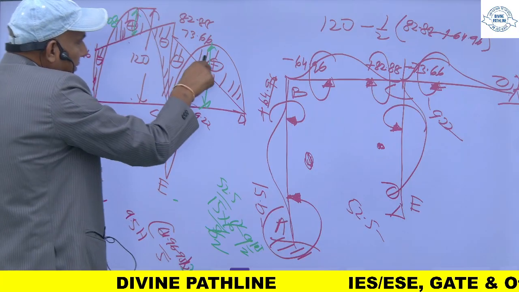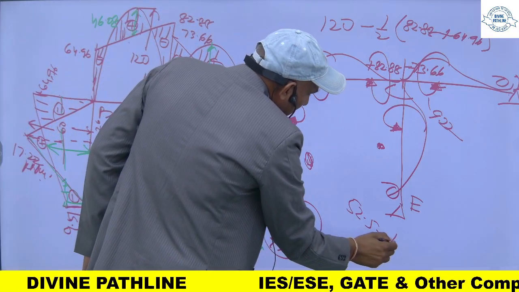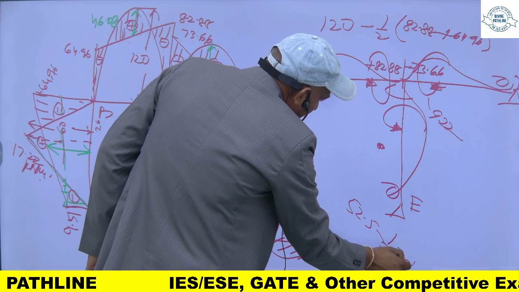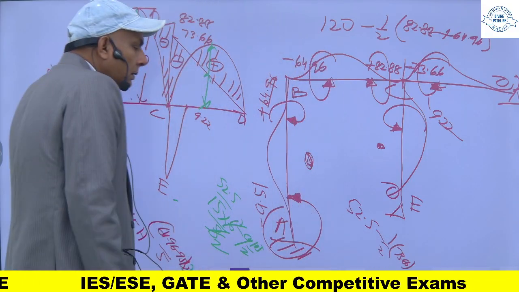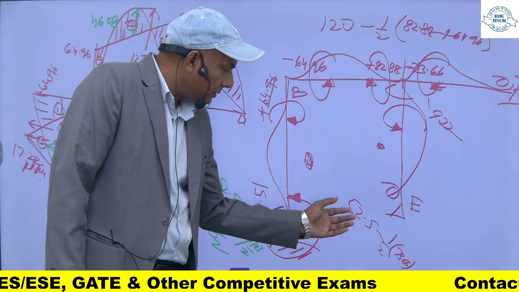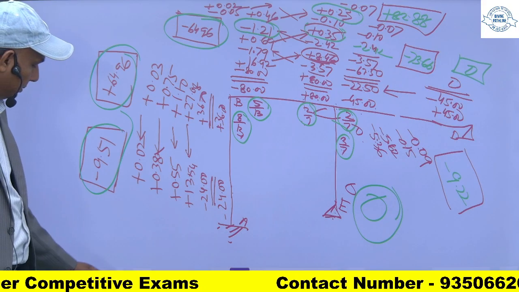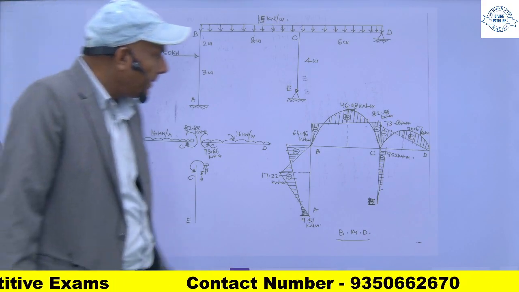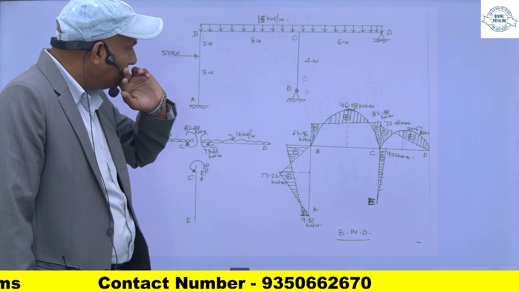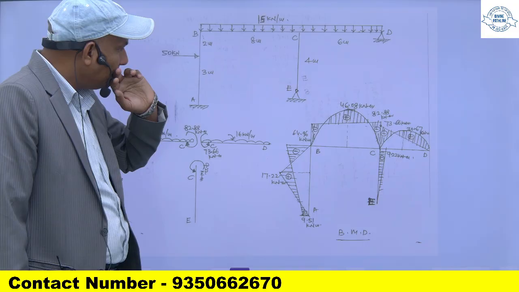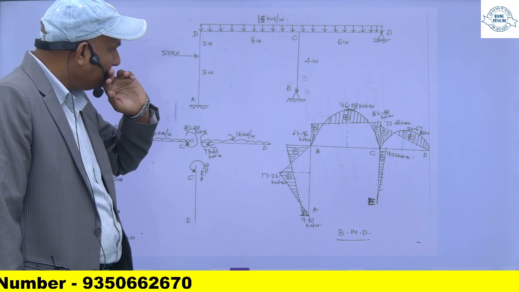So half of 73.66. So half of this will be 36, 37 something. So it will be approximately 15. So this will be 30.